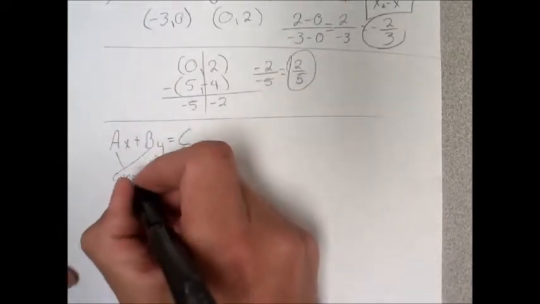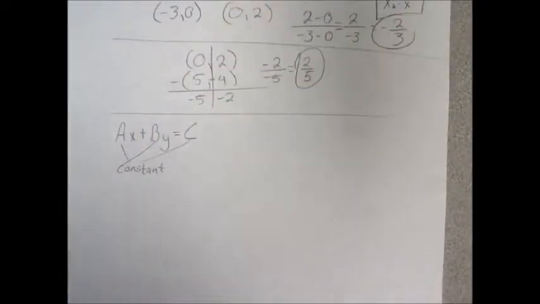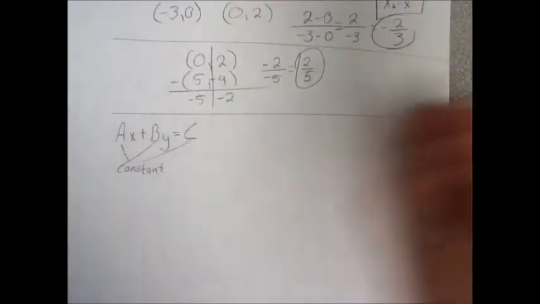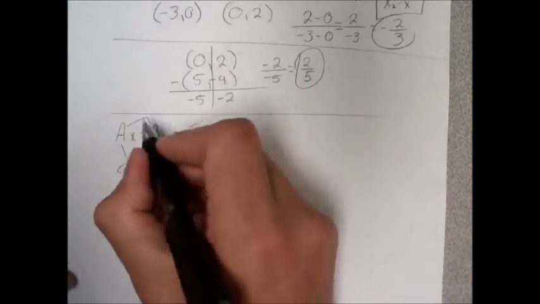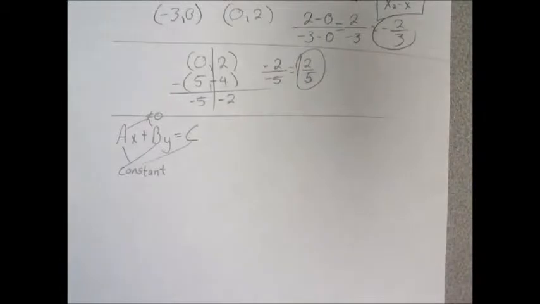They're just some number. Now, these are constants, but A and B cannot be equal to 0. They are not allowed to be equal to 0. Okay? Otherwise, you're not in standard form anymore. C can be equal to 0, but A and B cannot.